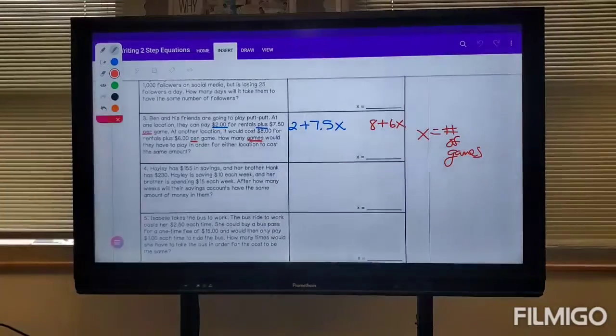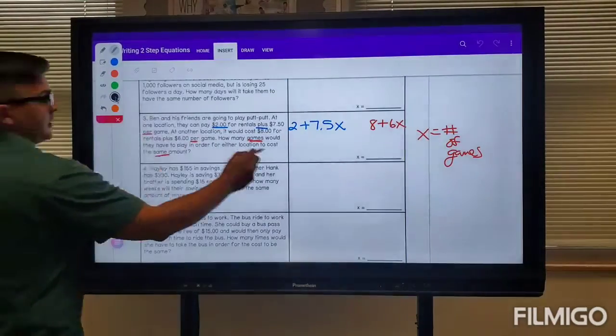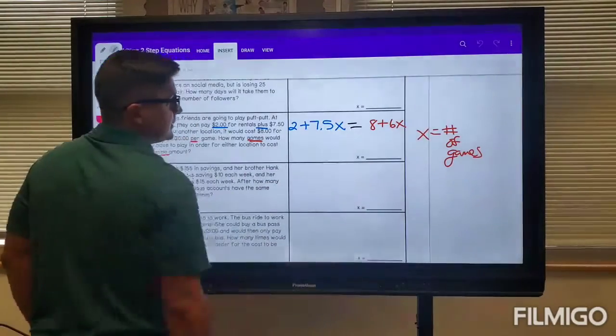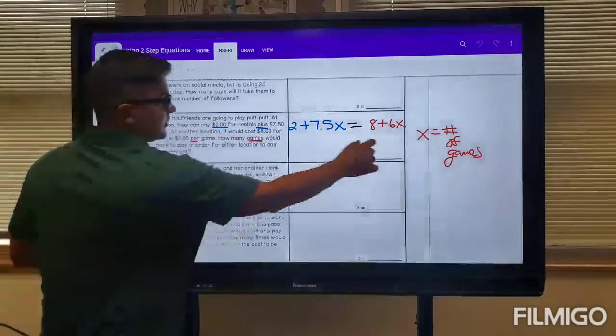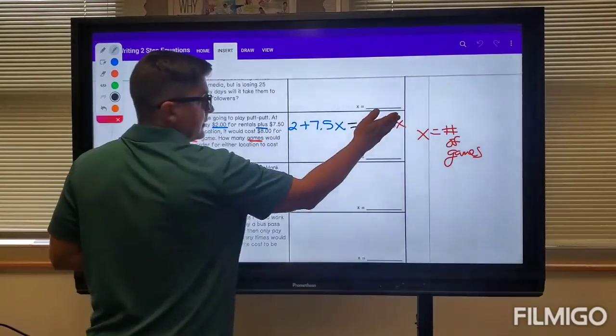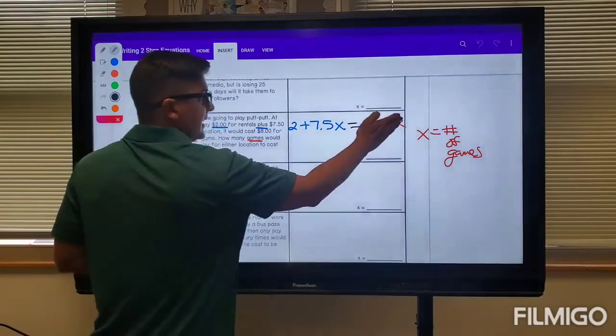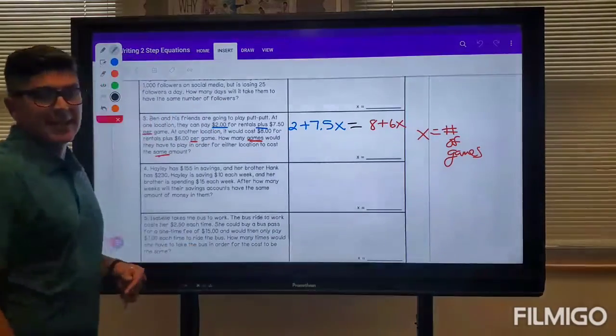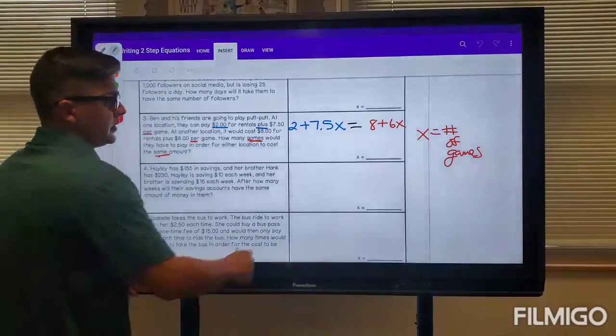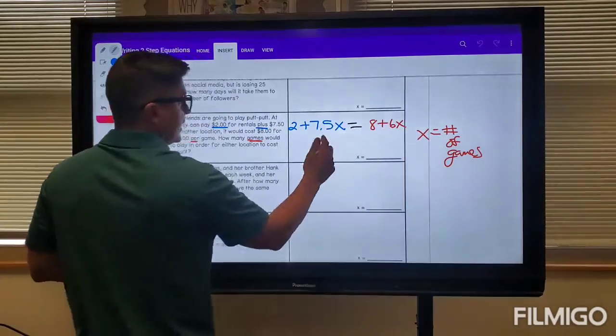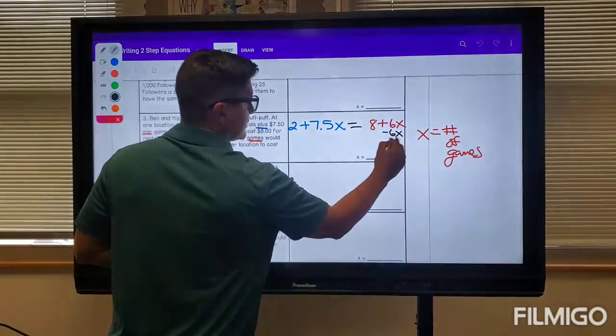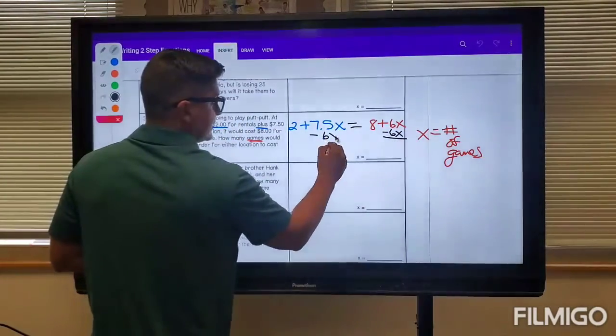We want to see when they're going to have the same amount. There's our equal sign. Now for this, I would subtract the 6x because I have less x's on the right side. And I don't want to deal with negative x's. So I would subtract my 6x from both sides.